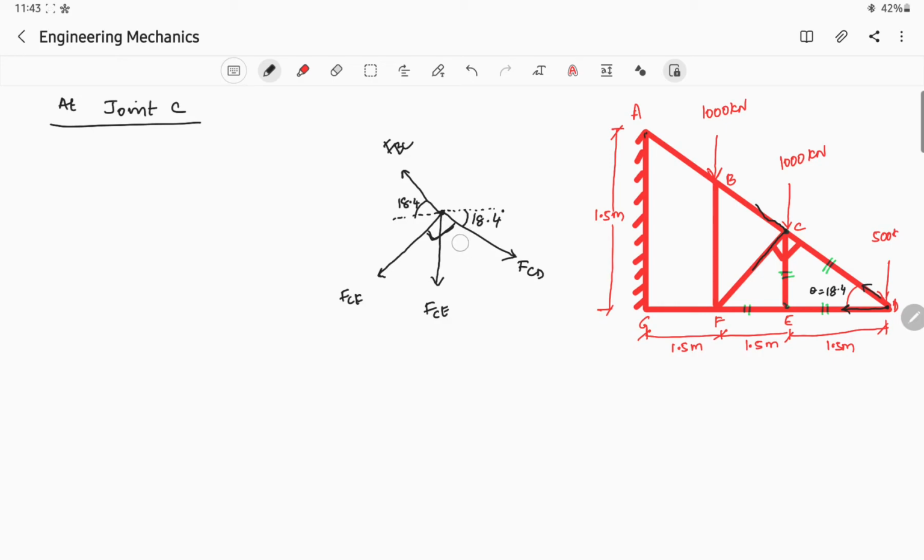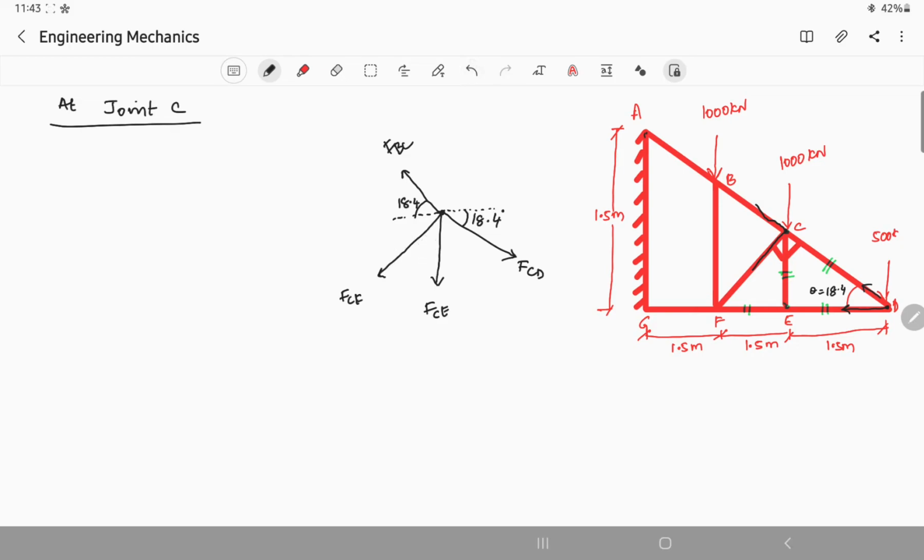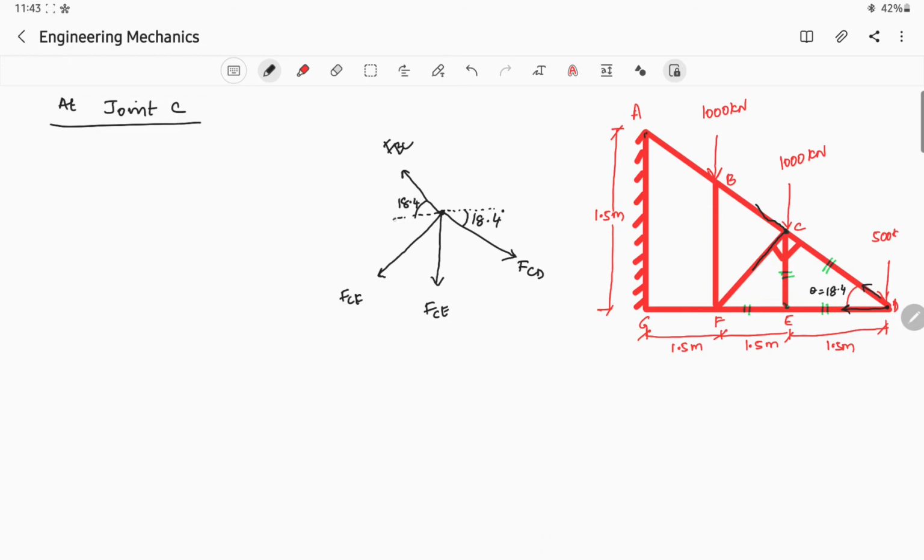So ultimately the angle made by this force CF with this axis will be 18.4.